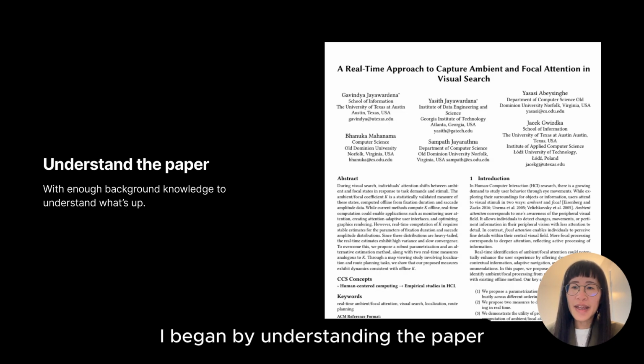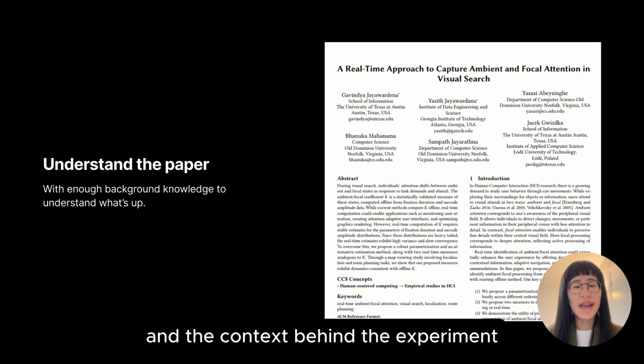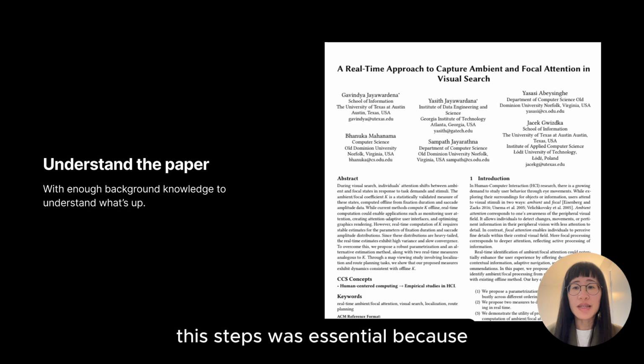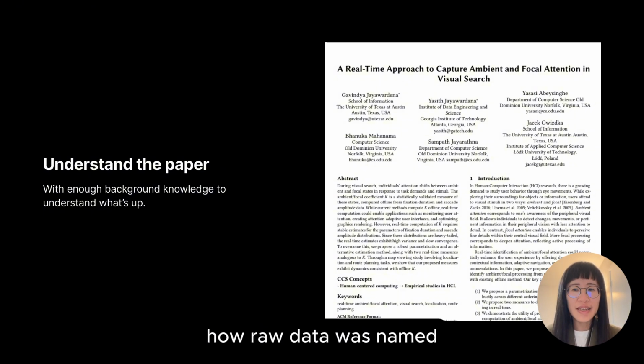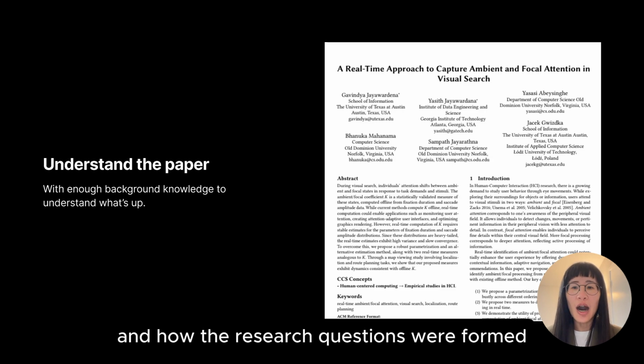First, I began by understanding the paper and the context behind the experiment. This step was essential because interpreting eye tracking data requires knowing how tasks were designed, how raw data was named, and how the research questions were formed.